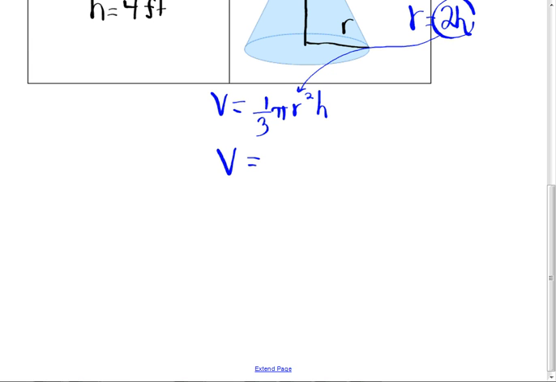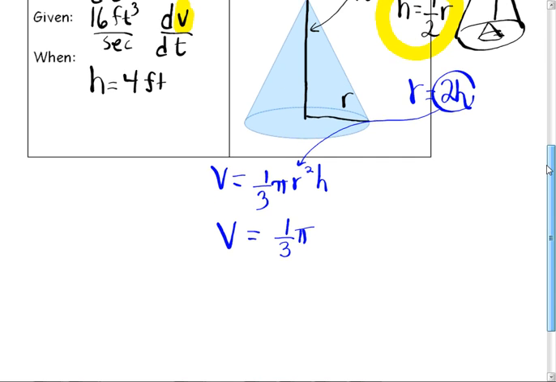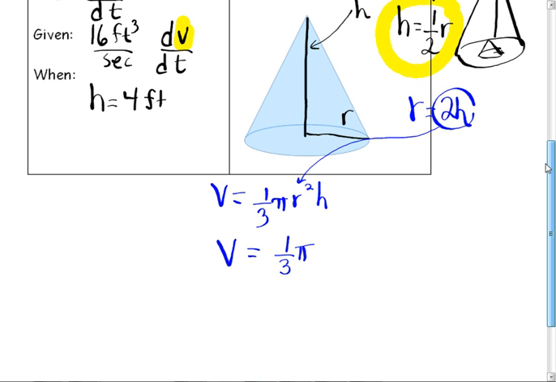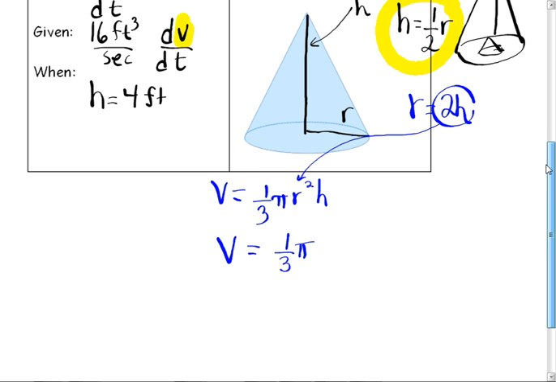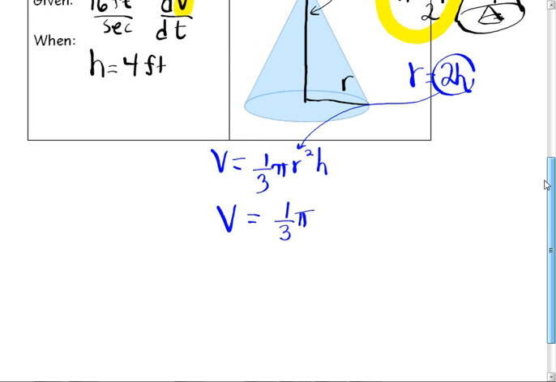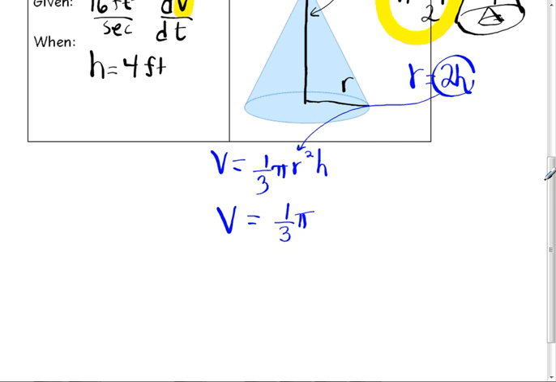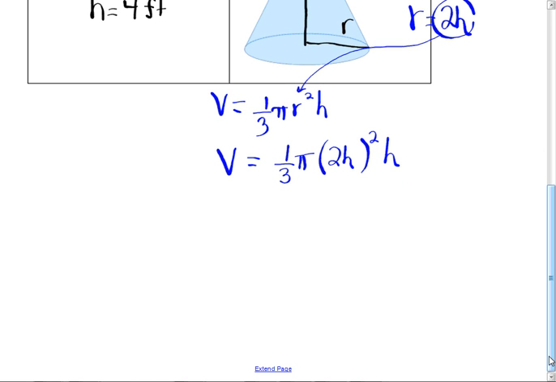Now usually it's a similar triangle. In this case, r was always some function of h, and it just depends on the problem. I've seen some problems like this on the exam. Almost exactly the same problem. So in place of r, I'm going to put in 2h. And then I'm going to square it. And then, are you going to take the derivative now?